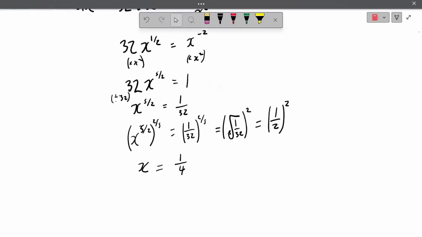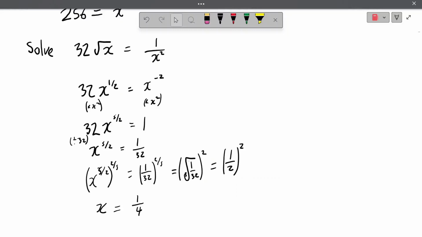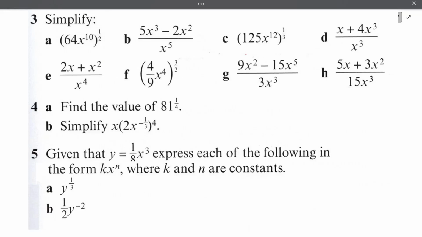Let's see if I can zoom out on that a little bit. And there we go, you can have a little look through that one. And I'm now going to put the questions on the screen. This is from exercise 1D. And I want you to have a go. So pause the screen and have a go at these questions, and see how you do.